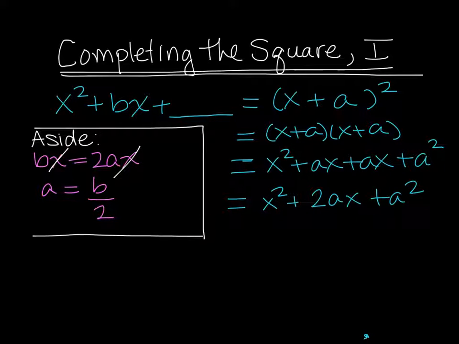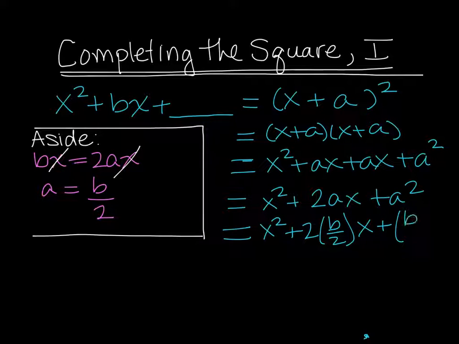Now we're going to substitute this expression for a back into the right-hand side. So we have x squared plus 2 times b over 2, x plus (b over 2) squared.